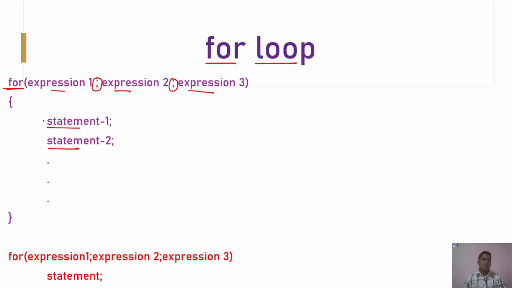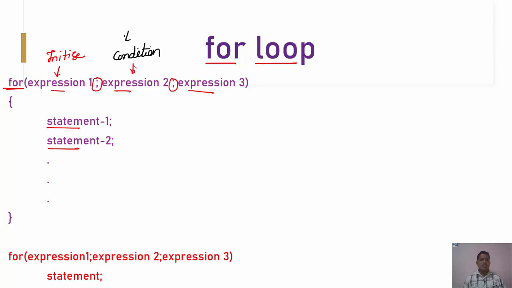Then how do things work? Expression 1 is used to initialize the value of a variable. In short, the initialization is done by expression 1. Expression 2 is basically a test condition, an expression which is used to test the condition. So I will mention it here as a condition.